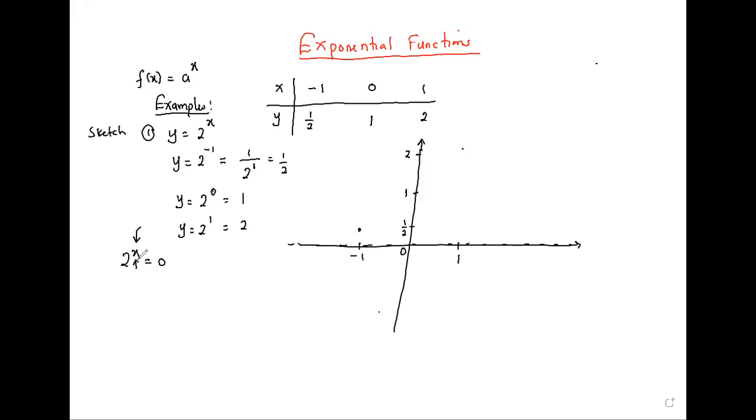As you can see, when we used x equal to -1, it gave us +1/2. So there's no slight hope for a negative output. So this will be like an asymptote, a line that the curve does not touch. And then we have our sketch of this type. This is the function y is equal to 2 to the power x.